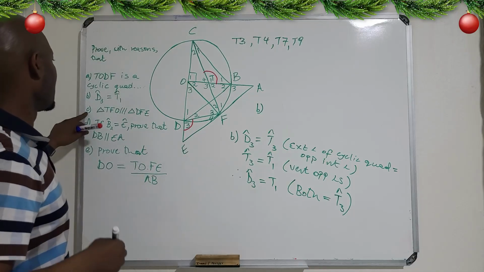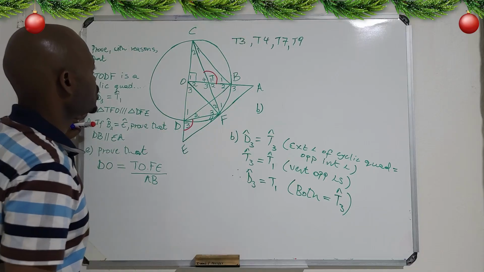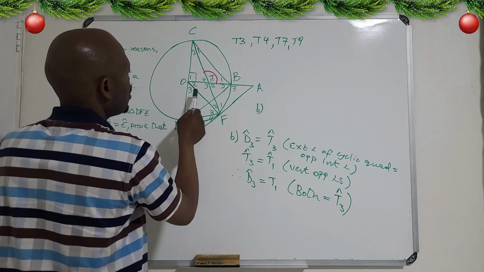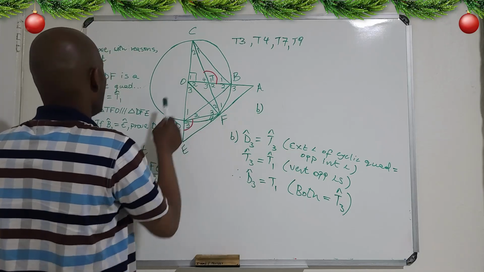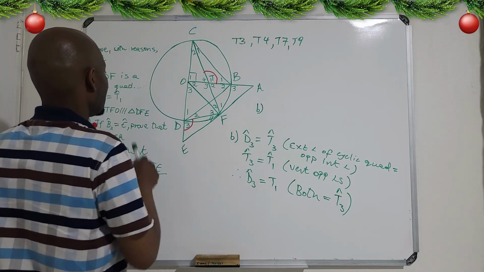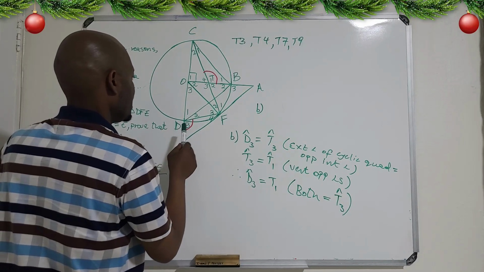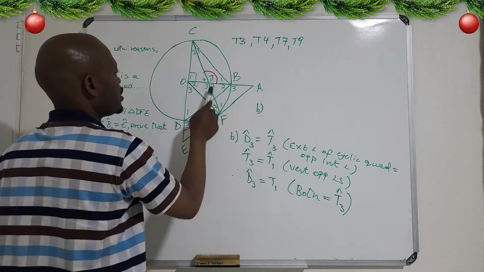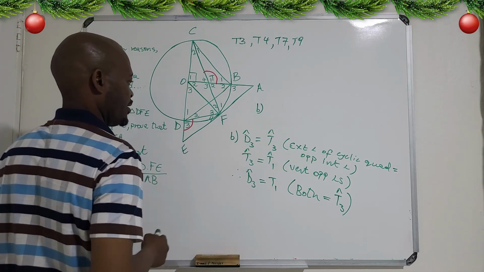Now C, we are told to prove that triangle TFO is similar to triangle DFE. So we need to prove that this triangle is similar to this triangle there.